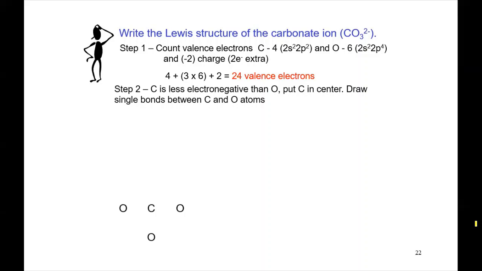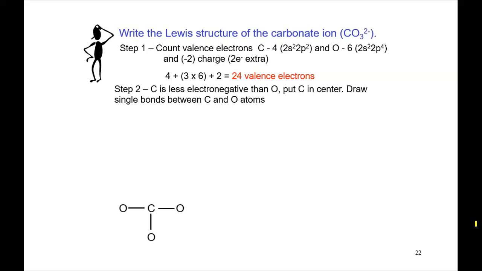I could have put the bottom oxygen on the top. It doesn't matter where I put them. I just did it this way because it was convenient and easy to draw. And now I'm going to connect them with single lines. That's my skeleton, quote unquote. Obviously not my skeleton, the skeleton of the carbonate ion. So now let's see how many electrons I used here.